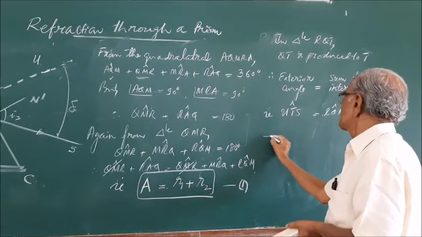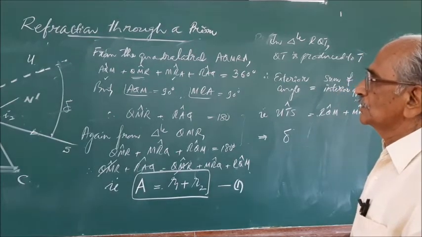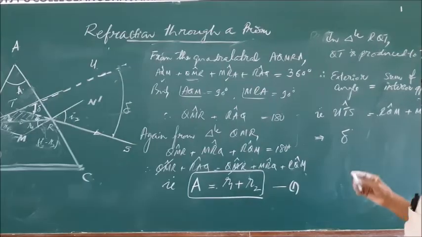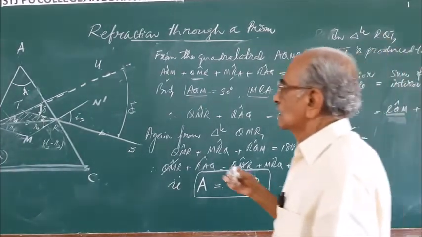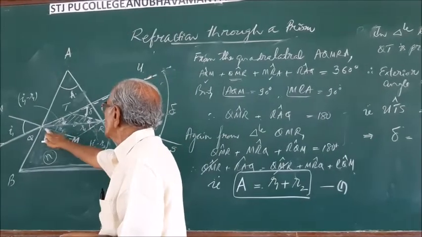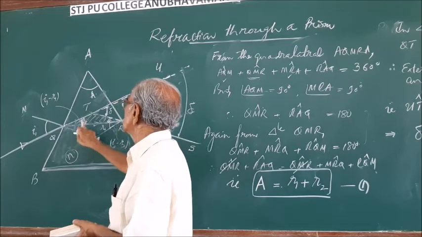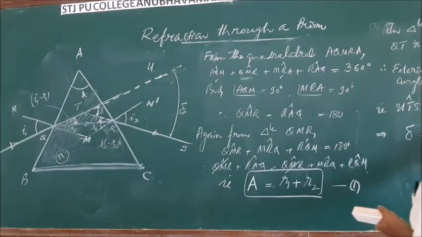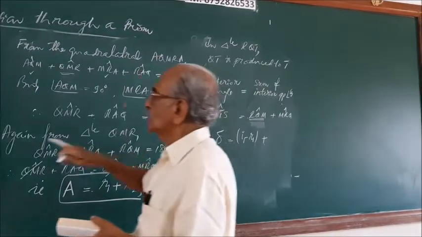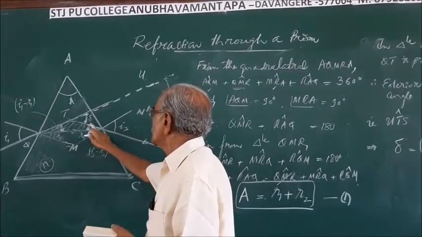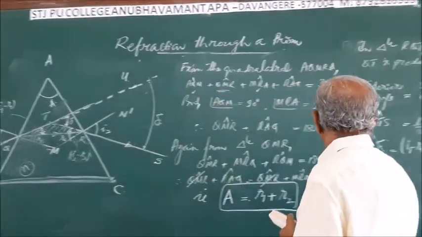That is, the angle of deviation, the angle between the incident ray and the emergent ray produced, is equal to RQM. Observe the figure, RQM is I1 minus R1, plus MRQ. Now this is I2, this is R2, therefore this is I2 minus R2.